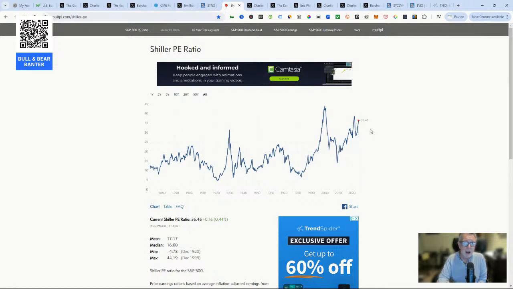Remember, we had a lot of companies report earnings last week, S&P 500 companies. Guess what? The multiple didn't change much. So we're just off of the October 2021 highs. Yet yields are moving up higher.